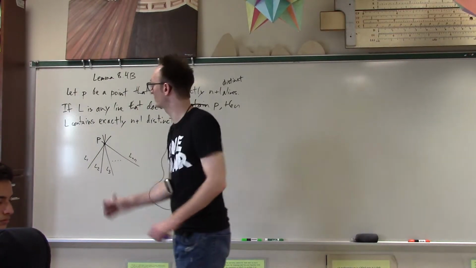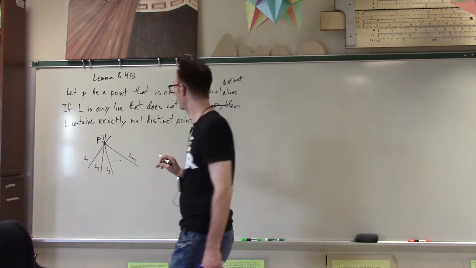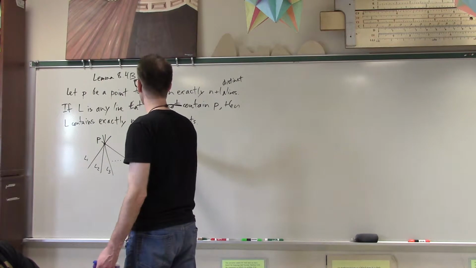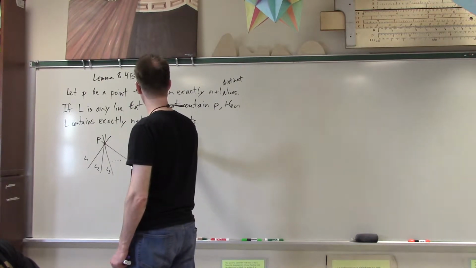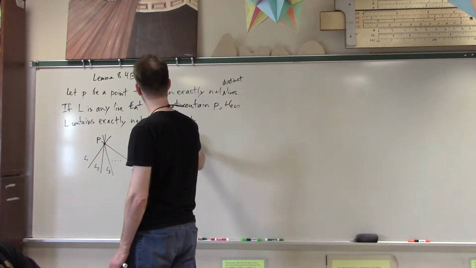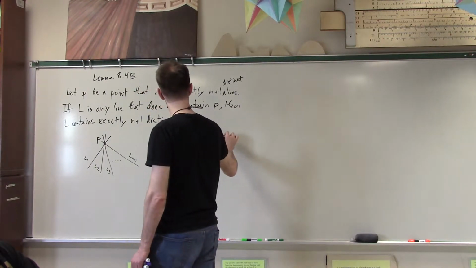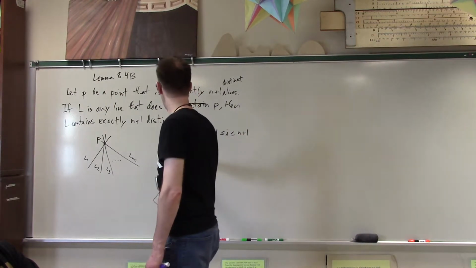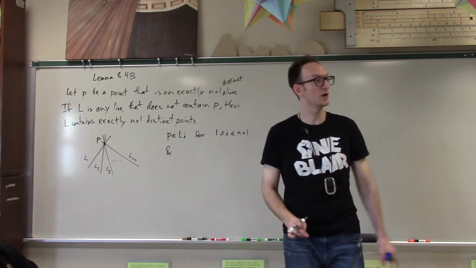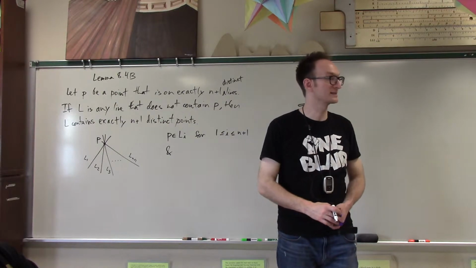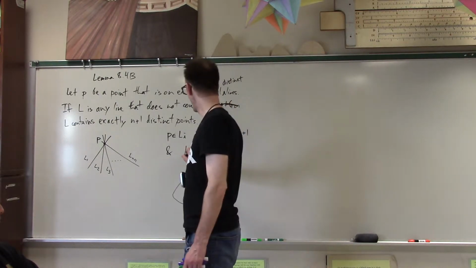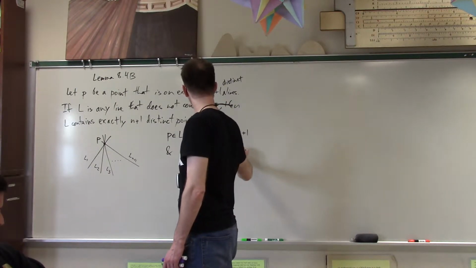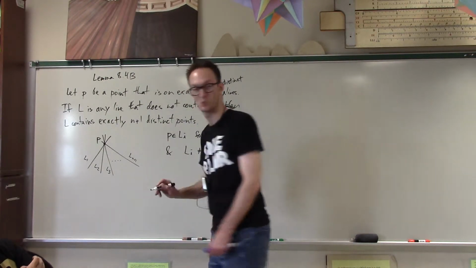Again, the picture is helpful for your brain, but the argument is happening on the paper with words. Here's what we know. We know that P is on L sub i for i between 1 and n+1, and that each of these lines is distinct, so Li is not Lj for i not equal to j.